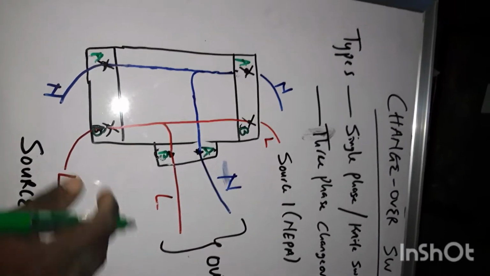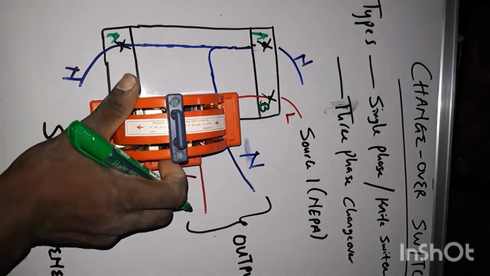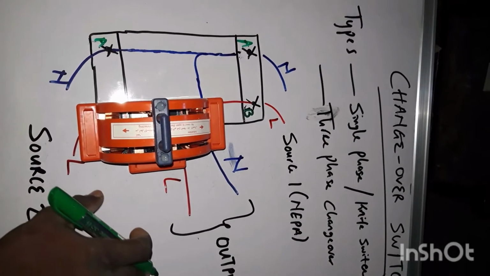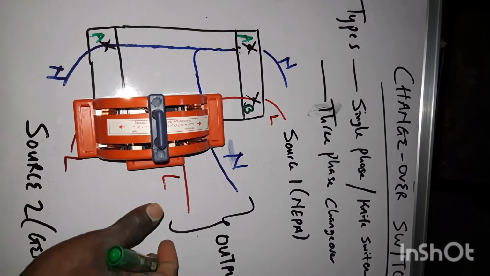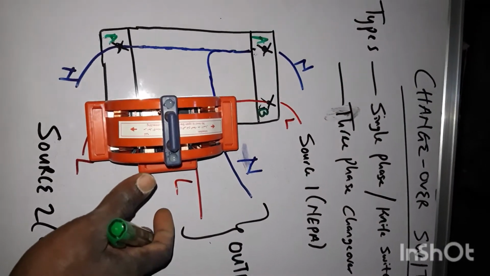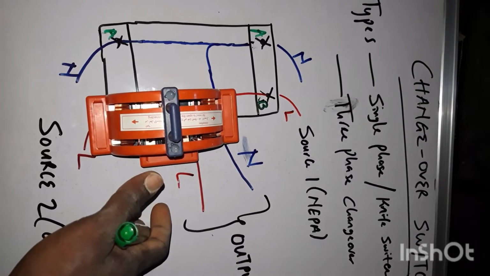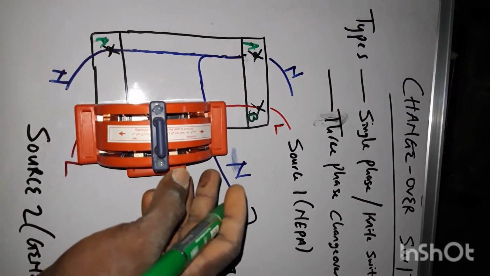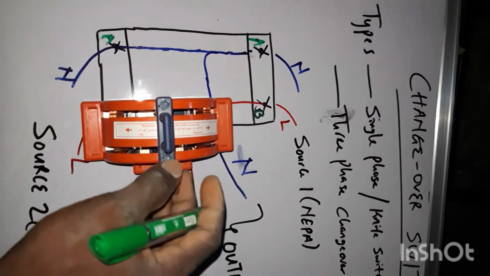From the schematic diagram, as you can see here, a changeover can be used to select when you have more than one source. For example, you have your NEPA and you have your generator in your apartment. You can't use the two power supplies at the same time. You need a means of changing from one source to another, or selecting which one you want to use.